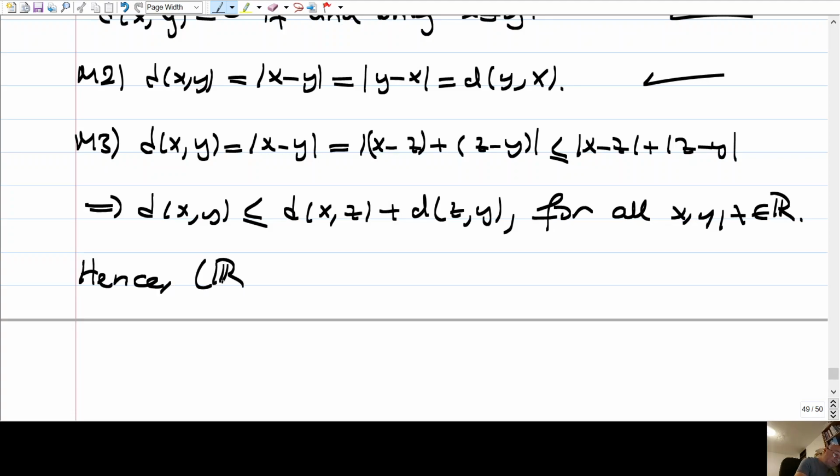the set of real numbers together with the absolute value metric is a metric space.